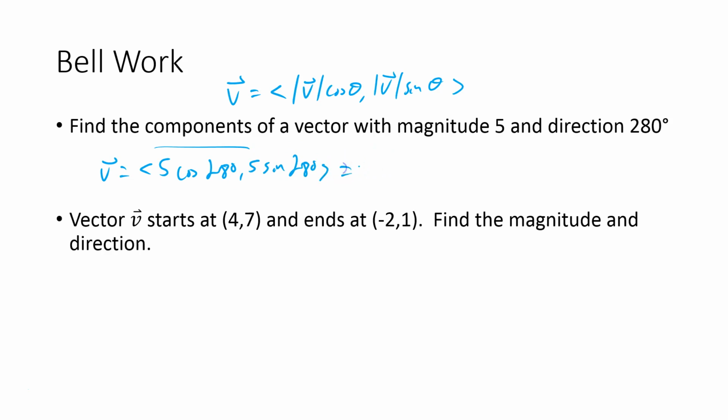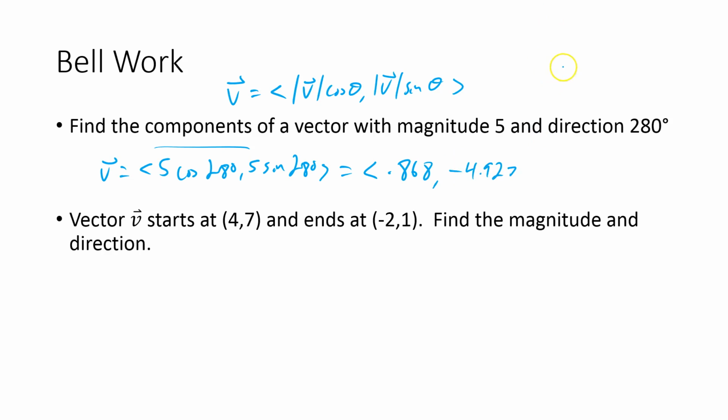Got my calculator here. If I do 5 cosine of 280, am I in degree mode? Yep, I am. So it's 0.868. And then 5 sine of 280 should be pretty close to negative 5. Negative 4.92.